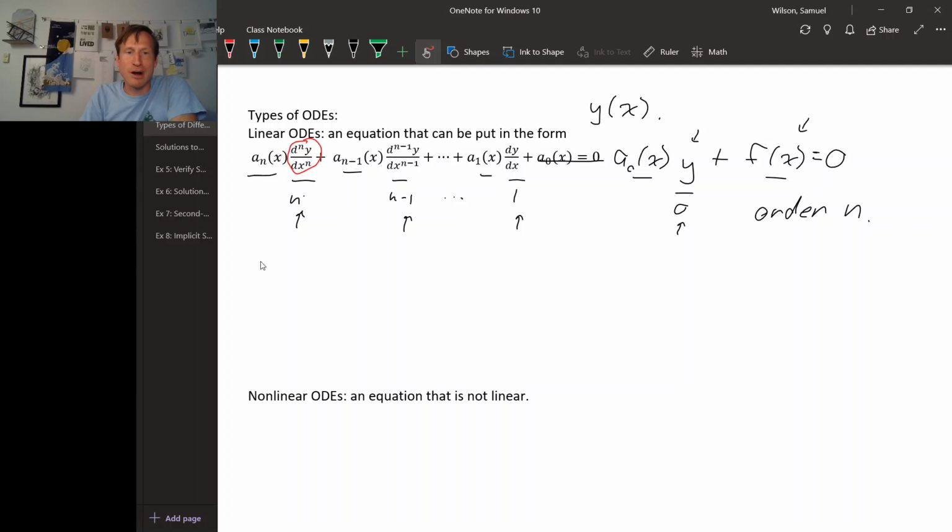So our population example, dp/dt equals k times p. It doesn't look exactly like this form, but we could rearrange this. If you move the p term to the left, you get dp/dt minus k times p equals 0.